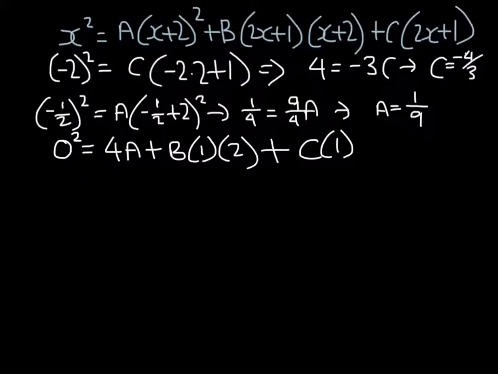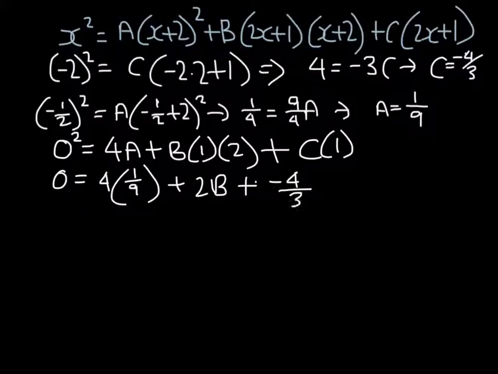And so now we can plug in the values that we found for a and c. So 0 equals 4 times 1/9 plus 2b plus negative 4/3. And so solving this equation, we end up with b equals 4/9.